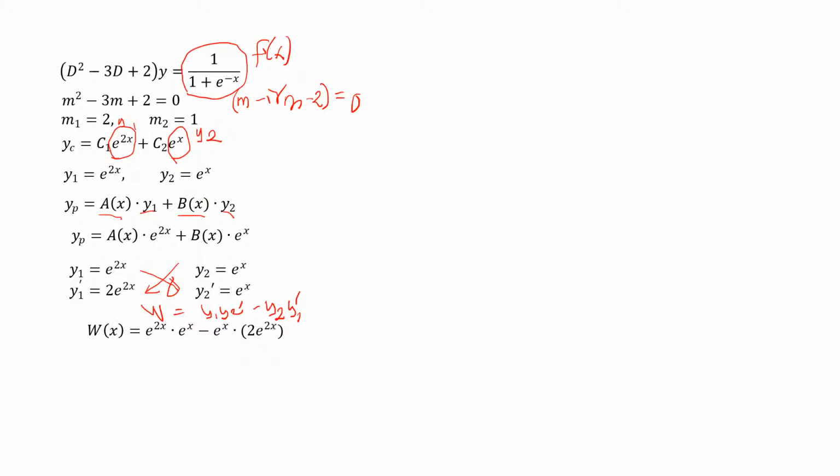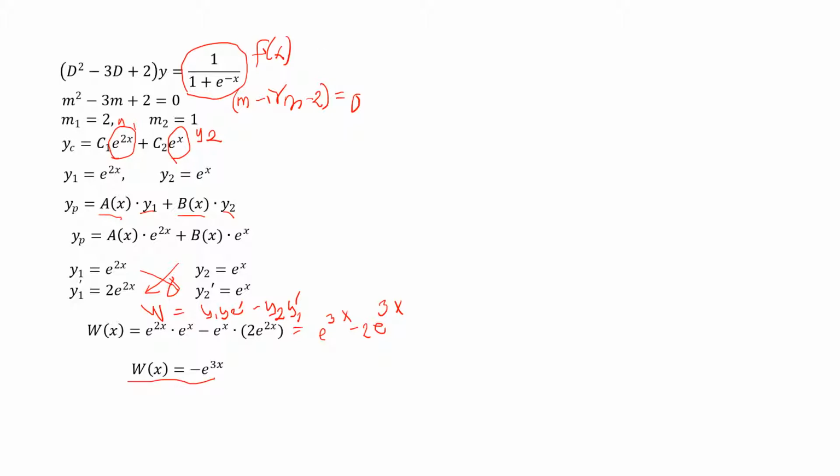So your w(x) is e to the 2x times e to the x minus e to the x times 2 e to the 2x. This is of course the same as e to the 3x minus 2 e to the 3x. So your Wronskian is negative e to the 3x.